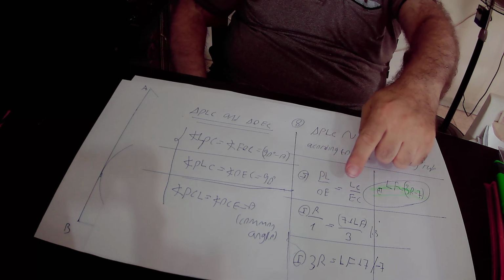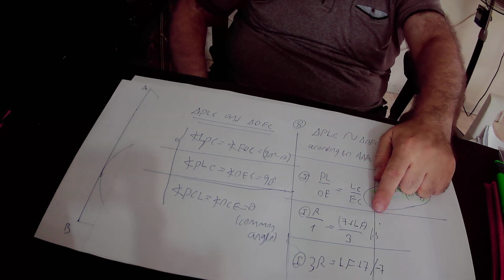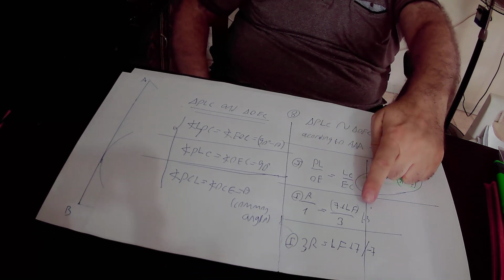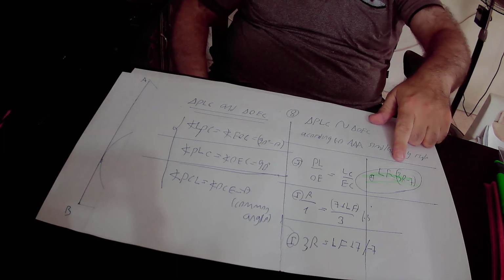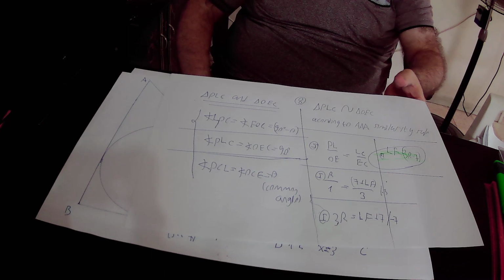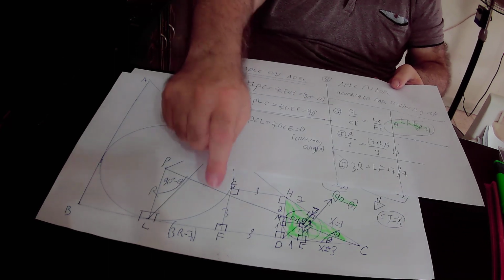PL equals R, OE equals 1, LC equals 7 plus LF, and EC equals 3. So we found out that LF equals 3R minus 7.